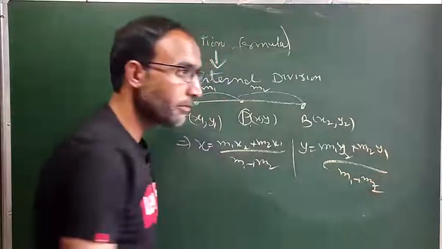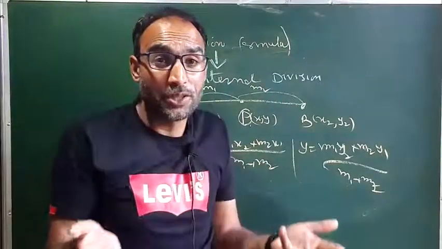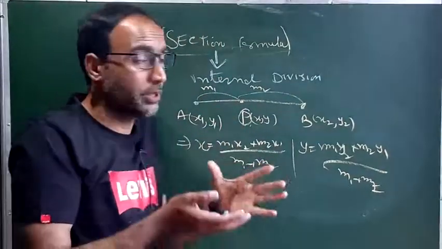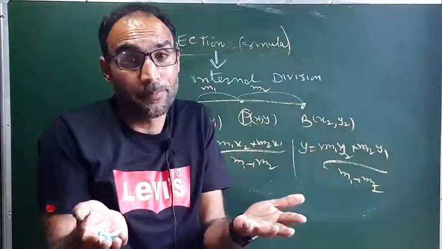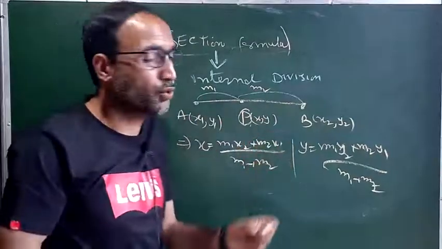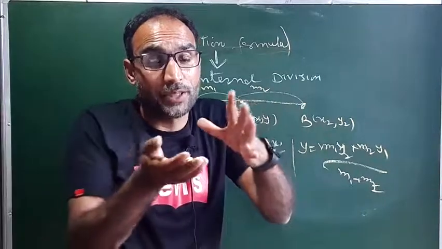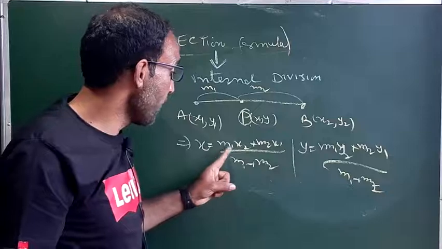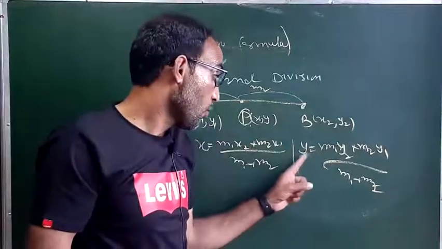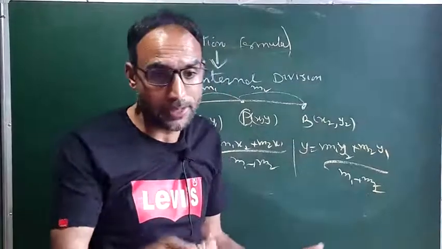Keep in mind, यानी मैंने आपको क्या बताया, मैंने आपको बताया, if we have given any point, let the point be P, the coordinates of the point be x comma y, and it divides the given line segment in the ratio of m1 is to m2, then the coordinates of this point of division are: x coordinate is (m1 x2 plus m2 x1) upon (m1 plus m2), y coordinate is (m1 y2 plus m2 y1) upon (m1 plus m2).